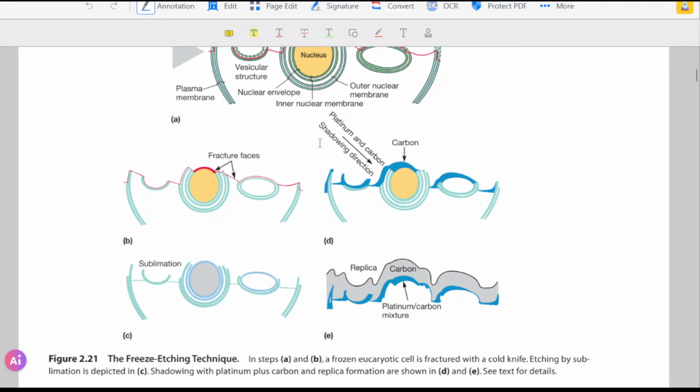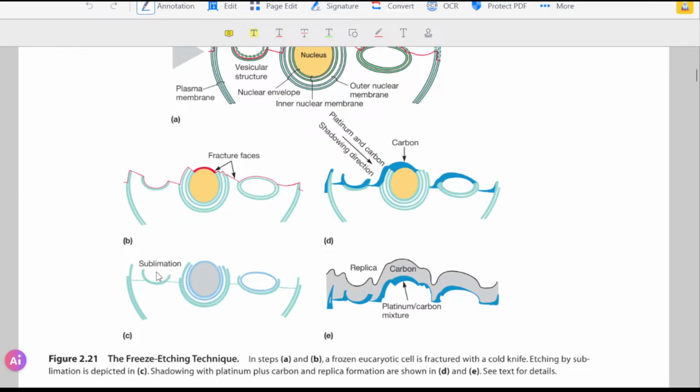The exposed area is covered with platinum and carbon, and the shadowing direction is 45 degrees. The area more prone towards the 45 degrees is covered more densely, while the area that is not at 45 degrees is covered less or not at all. Look at this area. This is not in the face of 45 degrees, so this is not covered at all. Neither this one.